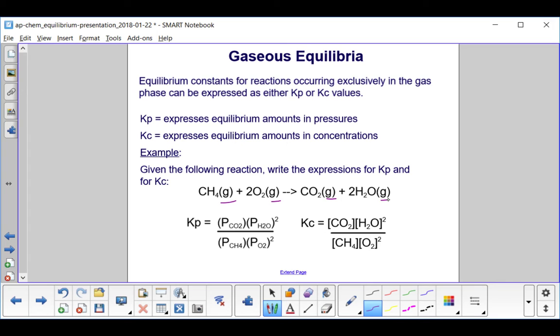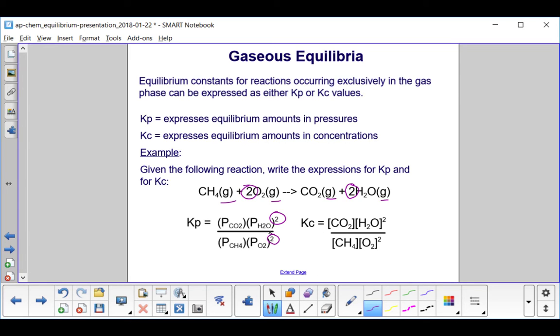So Kp would be the pressure of each product over the pressure of each reactant. And of course, don't forget that if you have a coefficient, you have to raise to that power. And we use parentheses here because we're talking about pressure and not concentration.